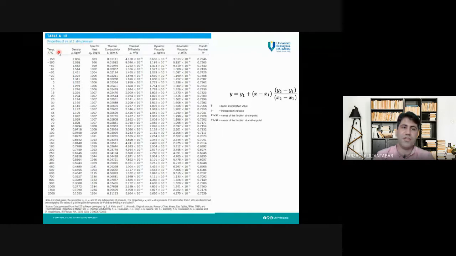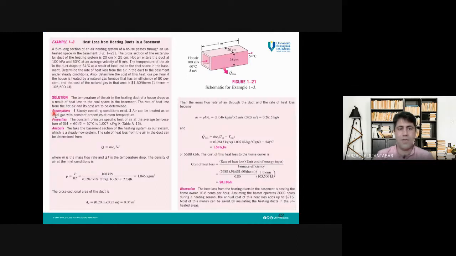For different temperatures, we have different properties for air. For example, we have different densities, different specific heat, different thermal conductivity, and so on for air at different temperatures. So specific heat Cp here depends on the temperature.